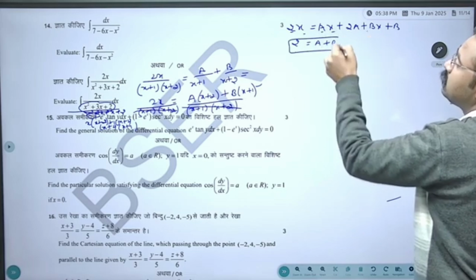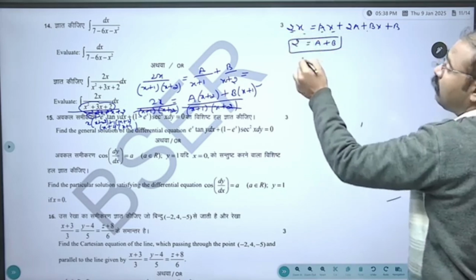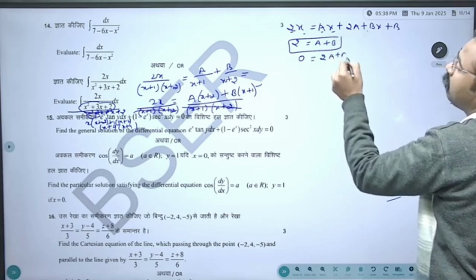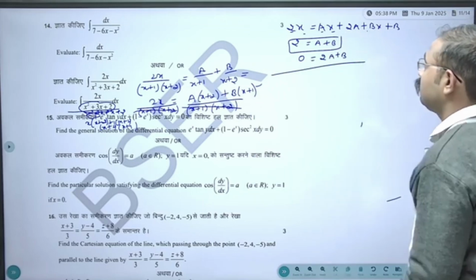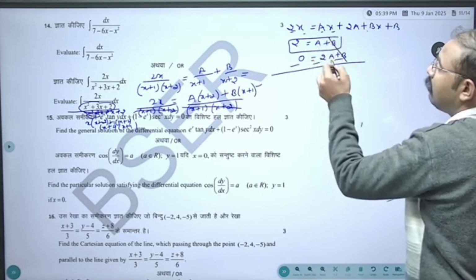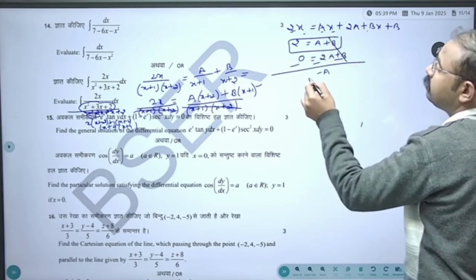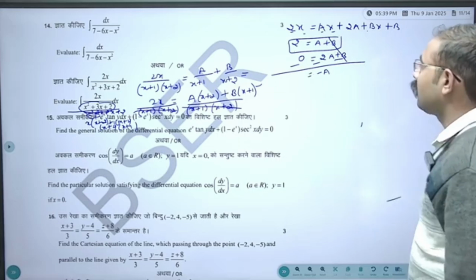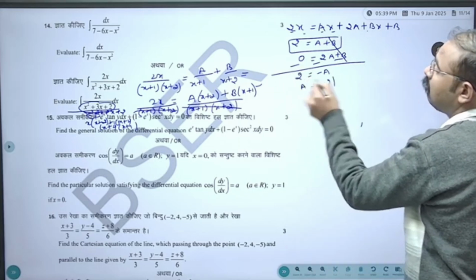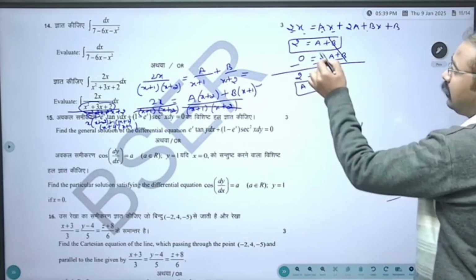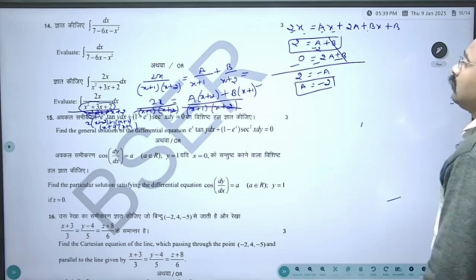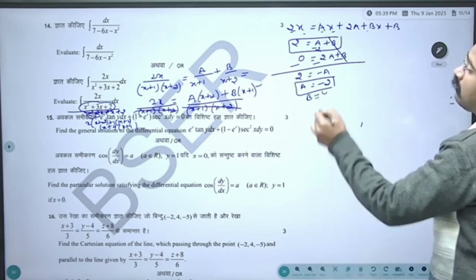So a plus b is equal to 2, and on this side we have constant 0, this side the constant is 2a plus b. By solving these by elimination method, minus, minus, minus, b minus b cancel, a minus 2a is minus a, and here 2 minus 0 is 2, so a is equal to minus 2. Put a equal to minus 2 in this, transpose minus 2 to that side, plus 2, b will be 4.